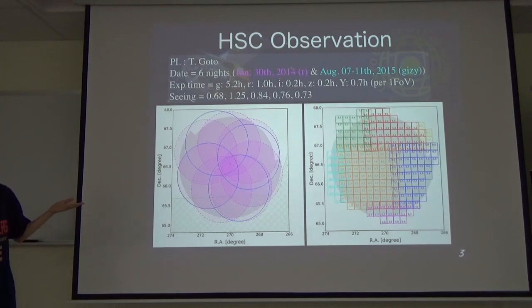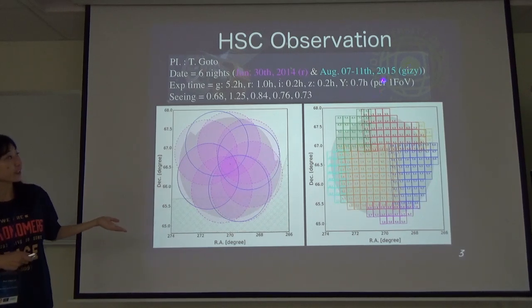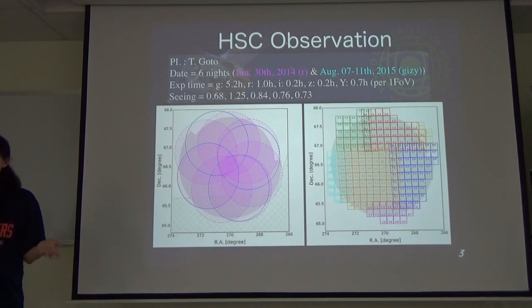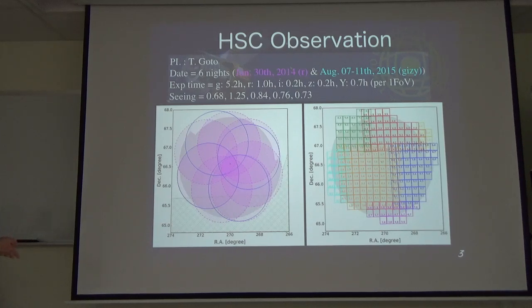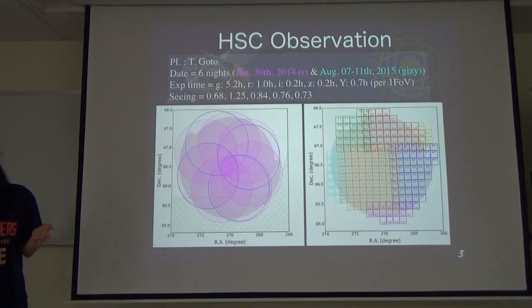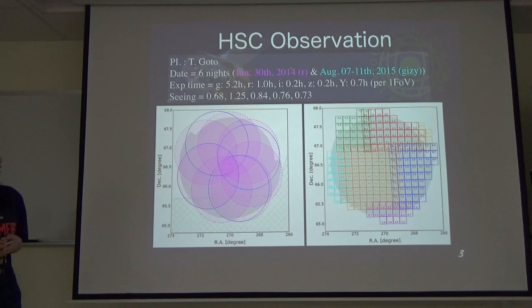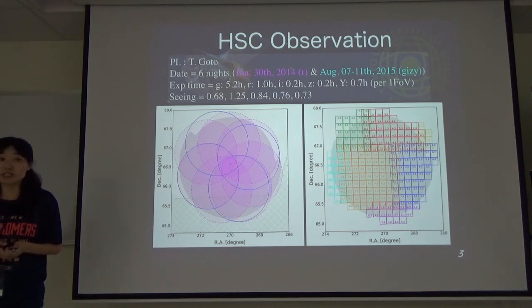On the other hand, in the 2015 run, the weather was great, and we took the rest of the 4-band data. The data quality is also great, much better than the u-band.